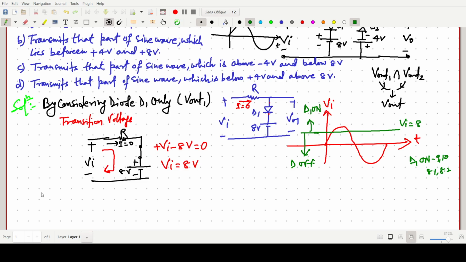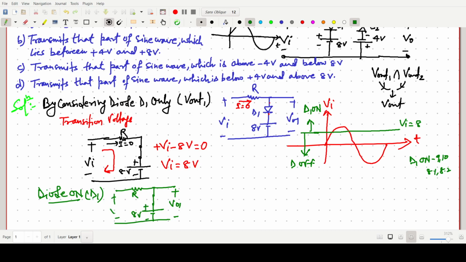When the diode is on, we are considering D1, so the output voltage is V naught 1 for diode D1, with R and this 8 volt.